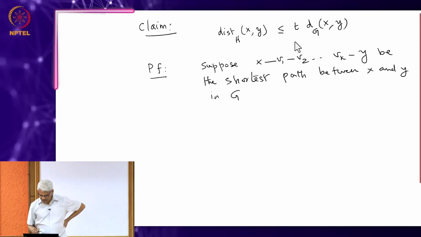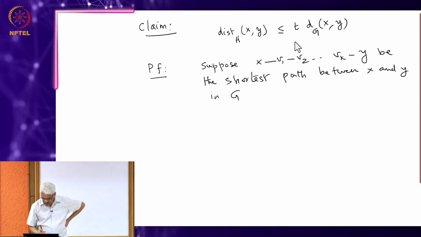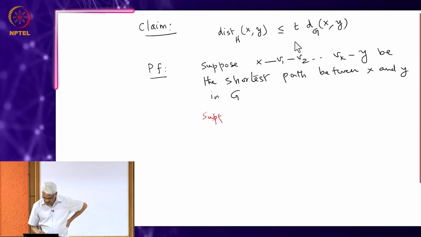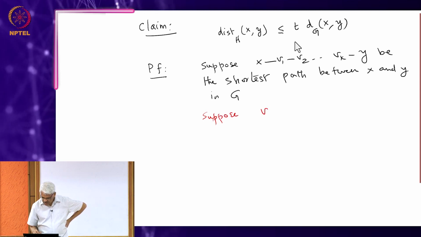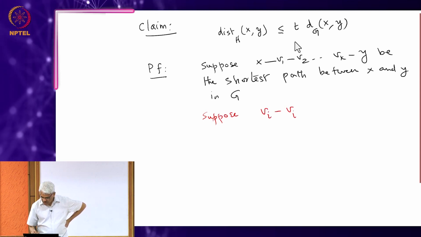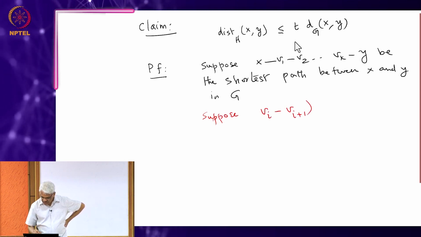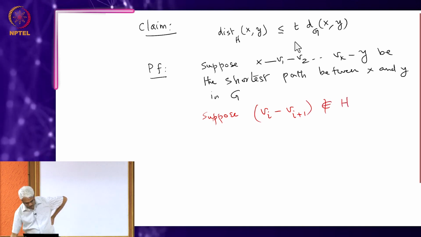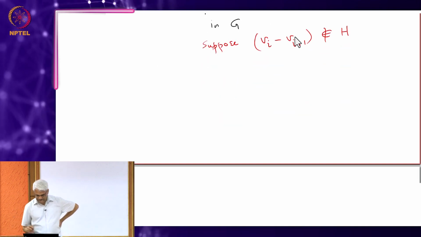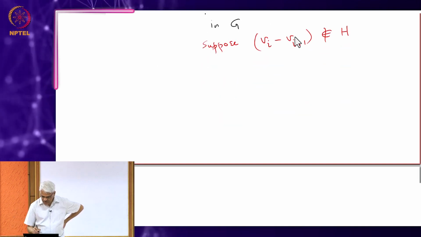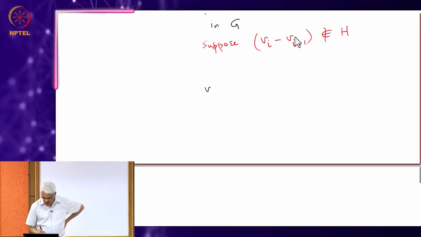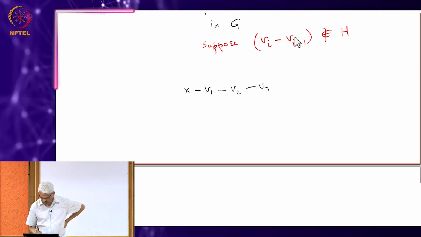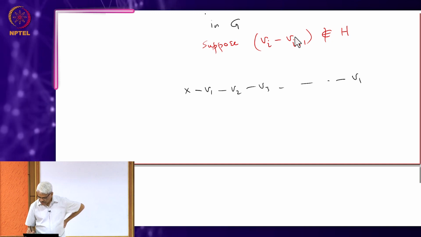Why was it missing? Suppose some vi plus 1 edge is not in H. Why? I have this path x to v1 to v2, v3 up to vk.